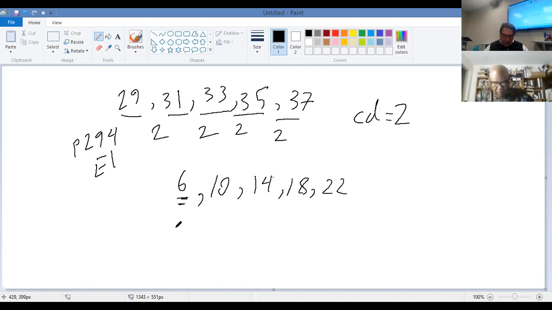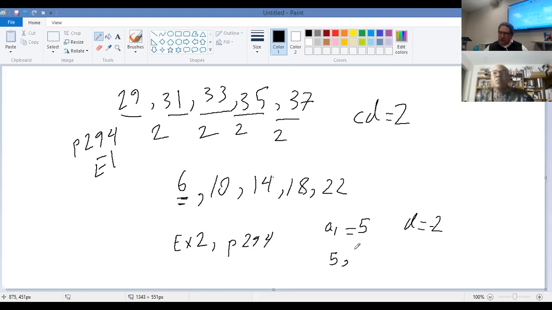Let's do example number 2, page 294. Write the first 6 terms of an arithmetic sequence with A1, the first term, being 5, and the difference being -2. So the first term is 5.